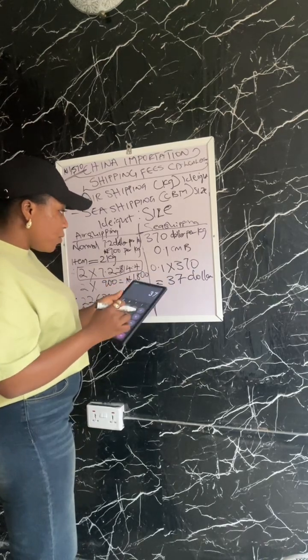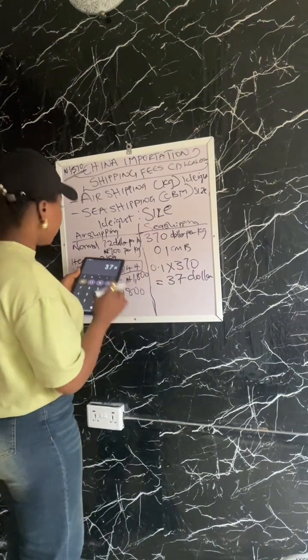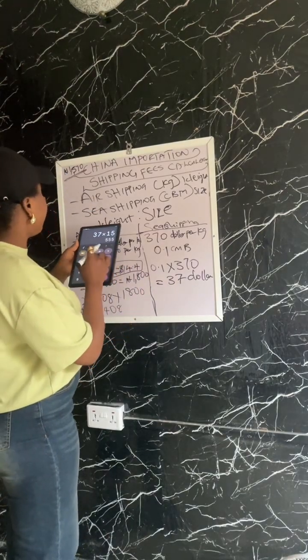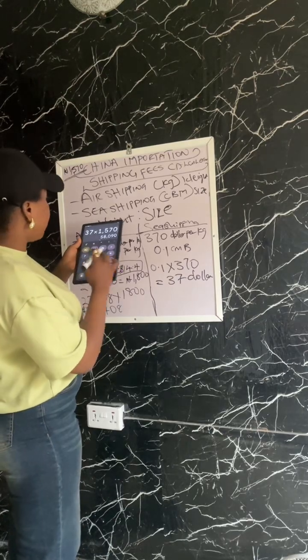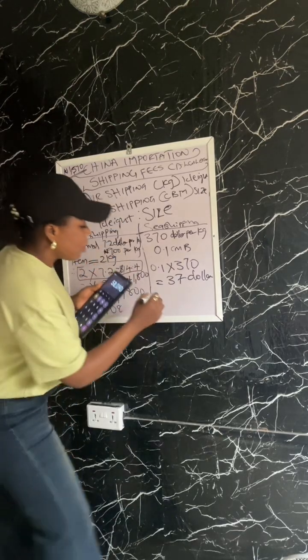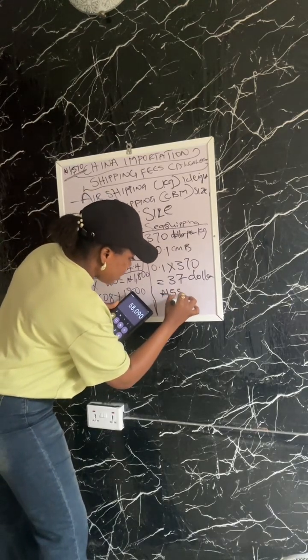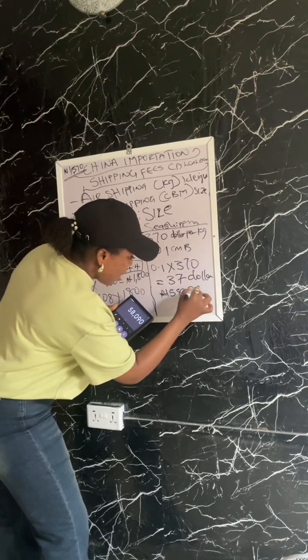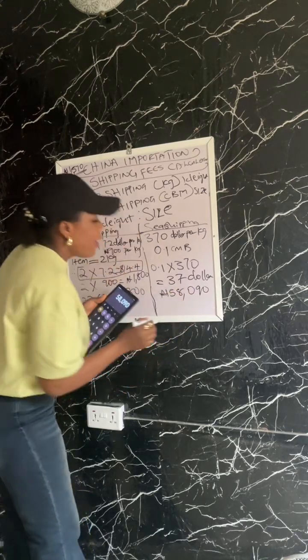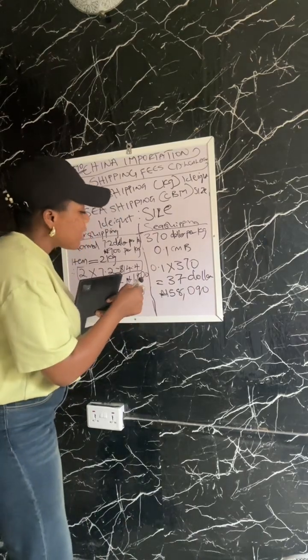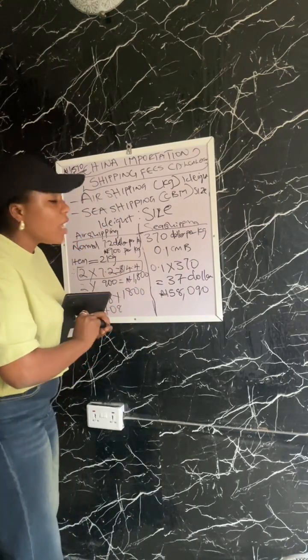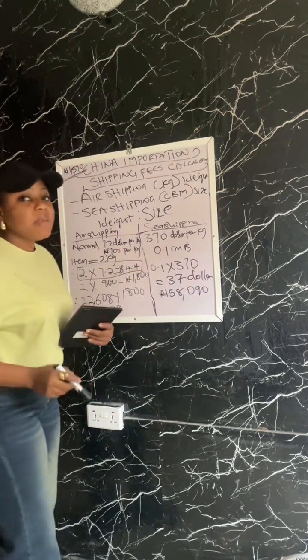Let's do the calculation: 37 times 1,570, giving us 58,090 naira. So you'll be spending 58,090 naira for a 0.1 CBM item.